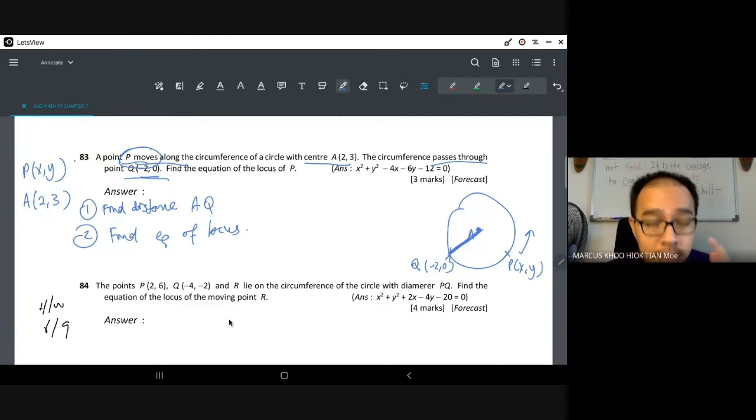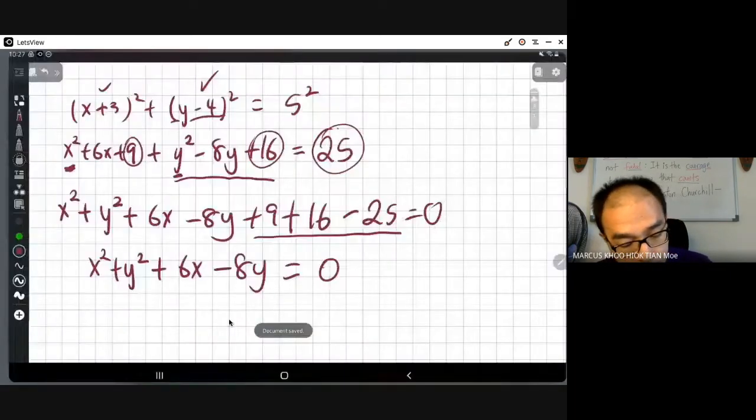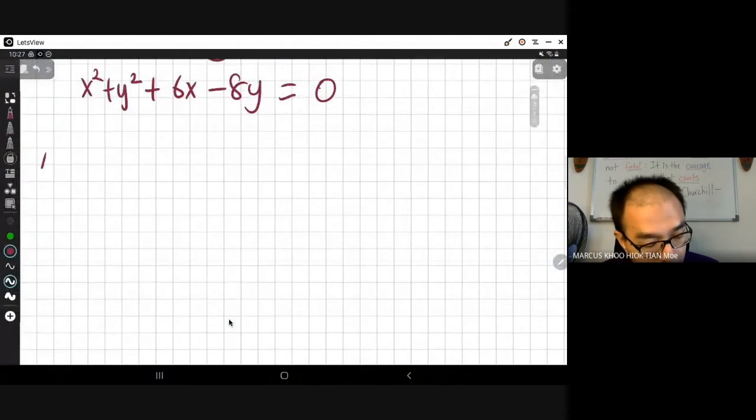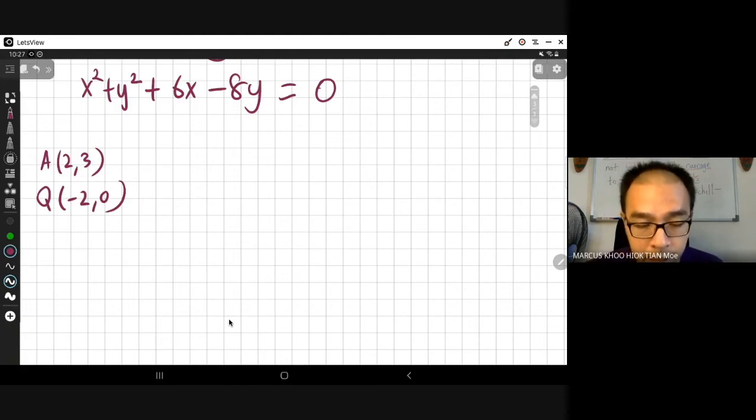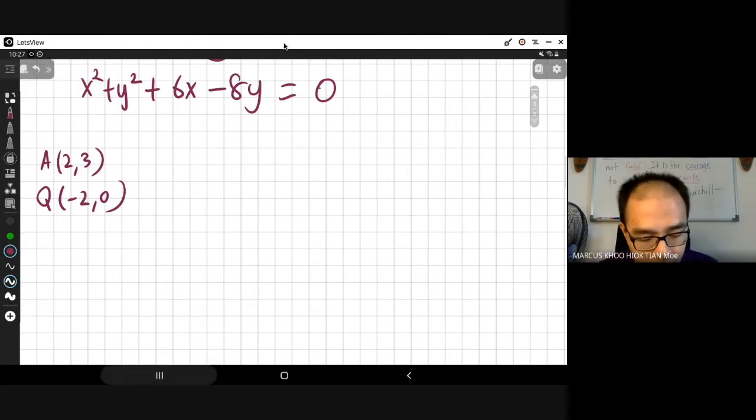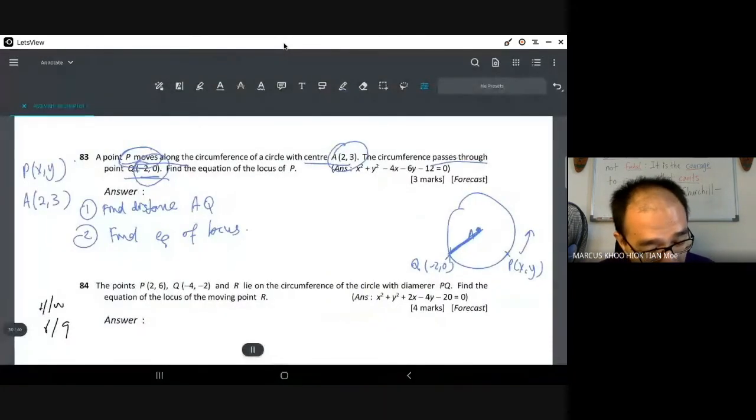Okay, so let's get around to doing this. A is (2, 3), Q is (-2, 0). If I'm making a mistake in the copying, please let me know, so that you don't just allow me to continue on and make mistakes all the way. 2, 3, -2, 0.